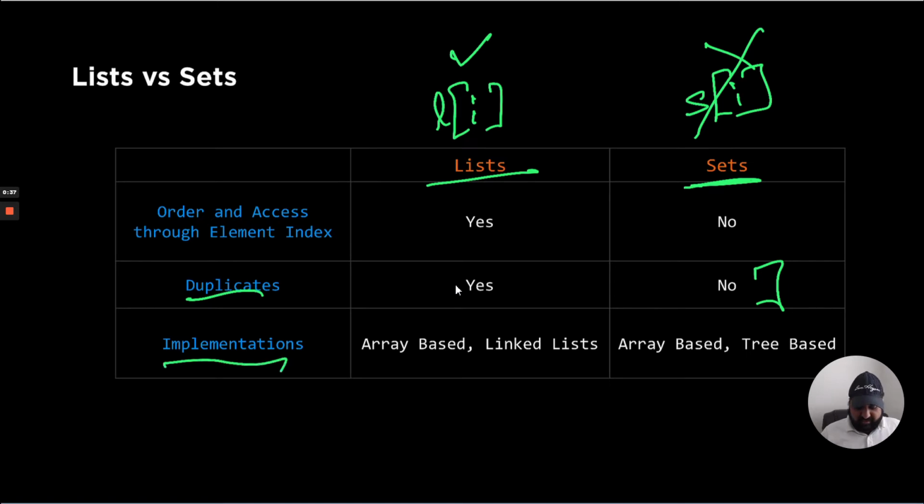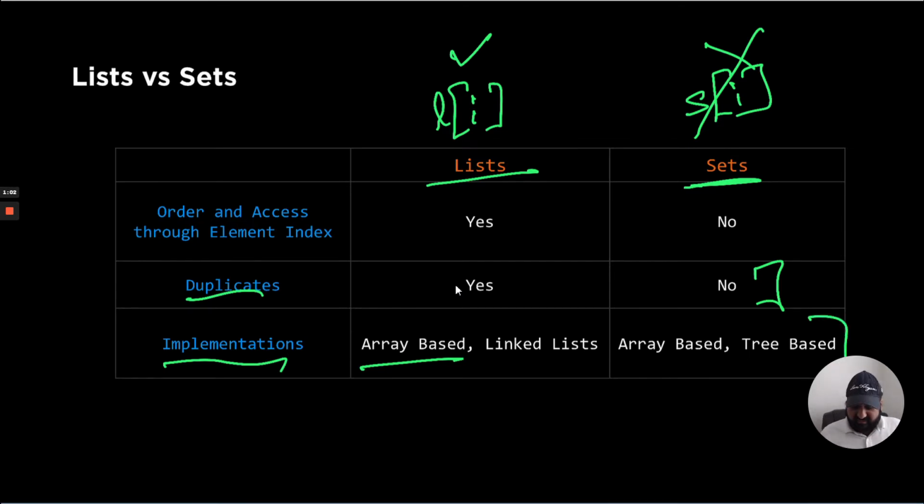The final thing is, when we talk about the implementations, in the first 2 weeks we saw that lists are typically implemented either through an array-based mechanism or through a linked list mechanism. And when we covered lists, we described the different types of lists which you can use, which include doubly linked list, single linked list, or circular linked list, or linked list with tails and other stuff.